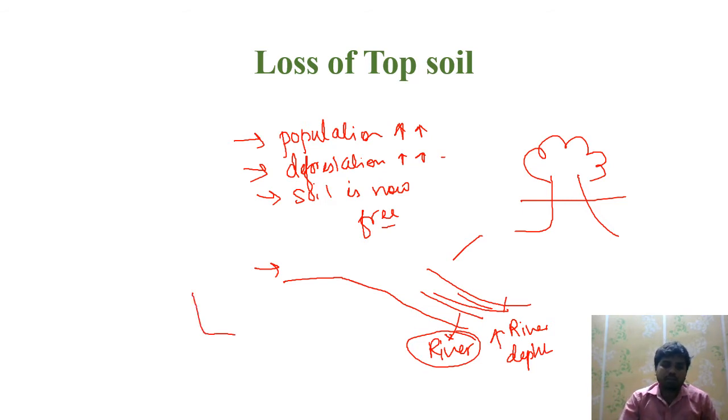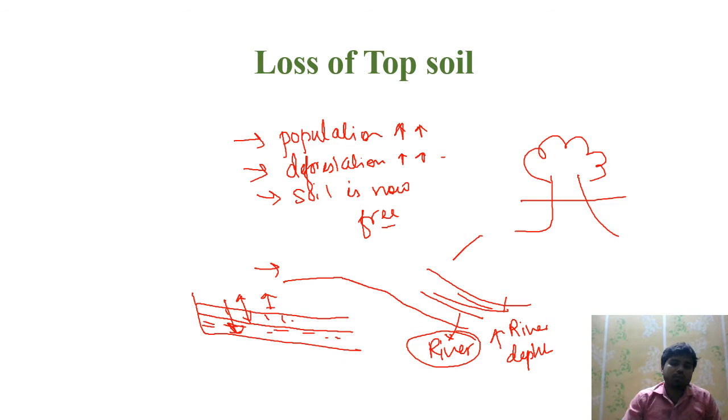Suppose this is the actual depth of the river, but due to soil that has come from the land, the depth has decreased. Again soil will come, and the depth decreases again, so this will cause flood in the river.